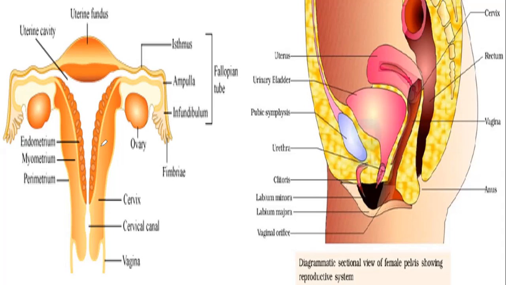The uterus opens into the vagina through a narrow cervix. This is the uterus and this is the vagina. Between the uterus and vagina, there is a narrow lumen, which is called the cervix, also called the cervical canal.